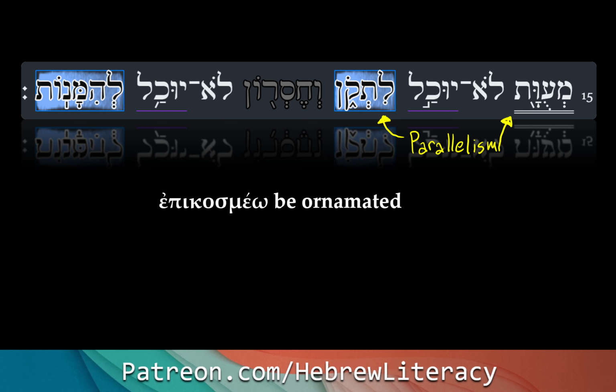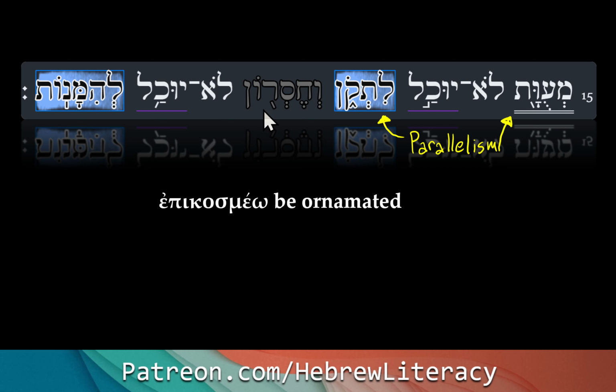That's an interesting way that the ancient Greek-speaking rabbis translated this lehitakein or litkon. Instead of just to be made straight, they translated it as a passive, to be ornamented. So that which is twisted cannot be ornamented. Of course, you can apply this to humans, so it's kind of interesting.